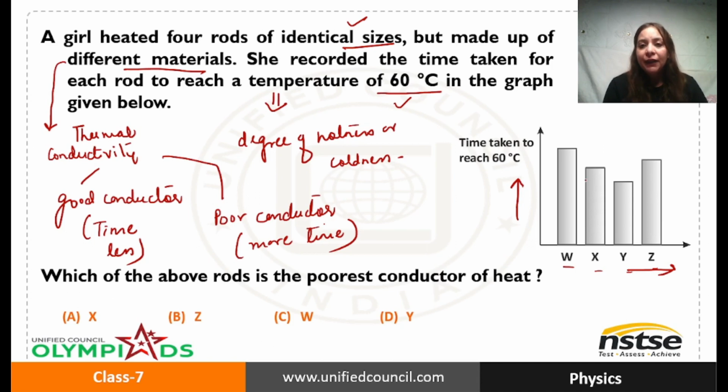Now the time taken by Y is the least, so that means it's a good conductor. After that comes X, and then we have Z, and the last one, which took a lot of time to reach the same temperature of 60 degrees Celsius, is W. So we can say that out of these rods, the poorest conductor is W, because it took maximum time to get heated to the same temperature. So here the correct answer would be option C.